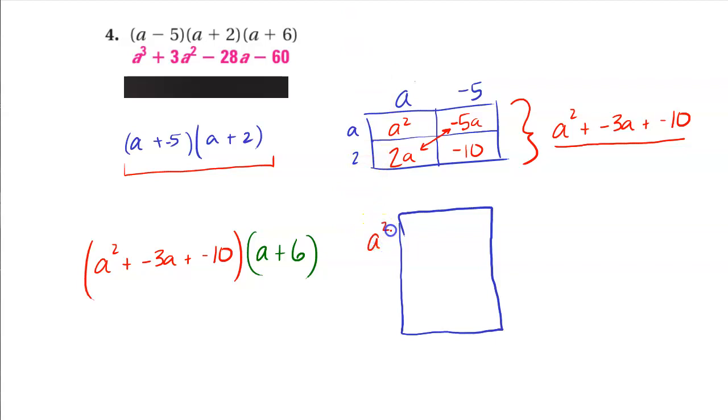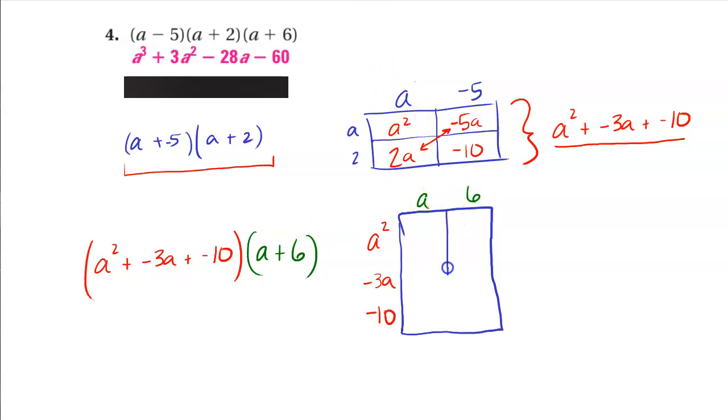So this is going to be a squared, negative 3a, negative 10. Again, it doesn't really matter which sides you write these polynomials on. That could go on the top or it can go on the side because you're going to be multiplying anyway. And then a plus 6, let's put that on top. A and then times 6.